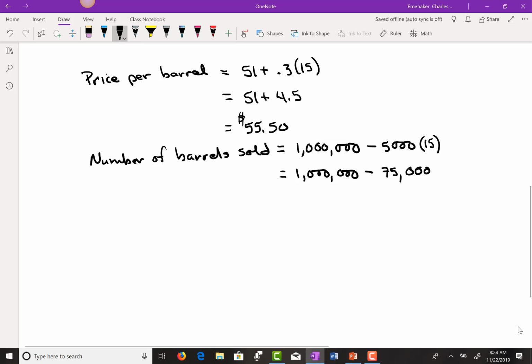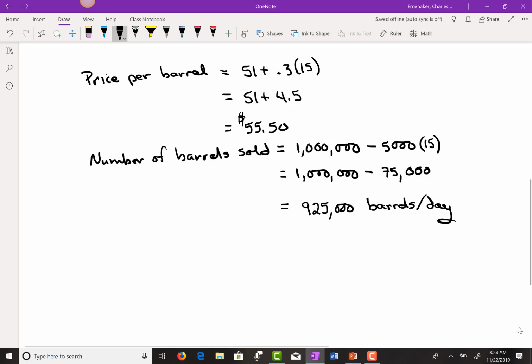Okay, so we're going to sell 75,000 fewer barrels a day. So this is going to give us 925,000 barrels of oil per day being sold.